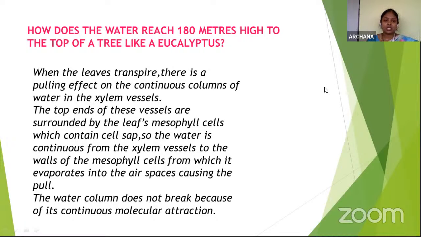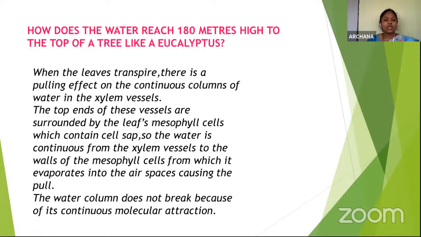When the leaves transpire, there is a pulling effect on the continuous columns of water in the xylem vessels. The top ends of these vessels are surrounded by the leaves' mesophyll cells, which contain cell sap.